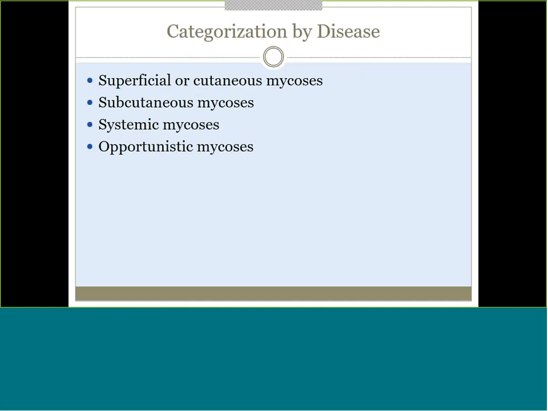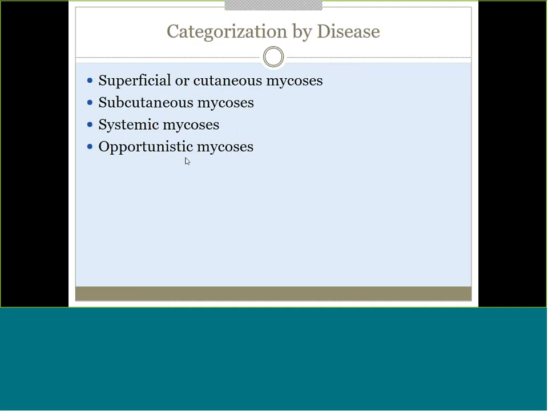All right, so now that we've gone over the whole family overview, now we can categorize molds based on disease. So we have our cutaneous mycoses. Mycoses just means a fungal disease. So we have cutaneous mycoses, subcutaneous, systemic, and then those that are just opportunistic. So this is the main way that we are going to learn our molds, based on this type of categorization.